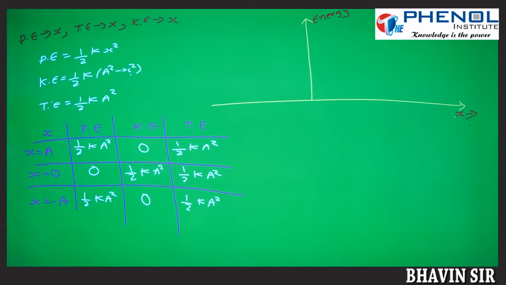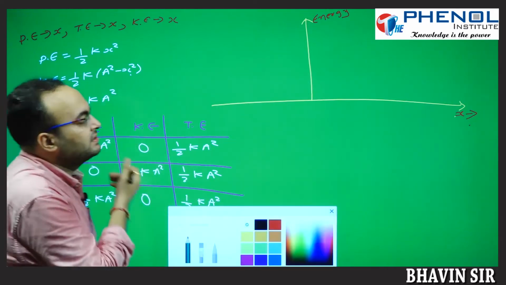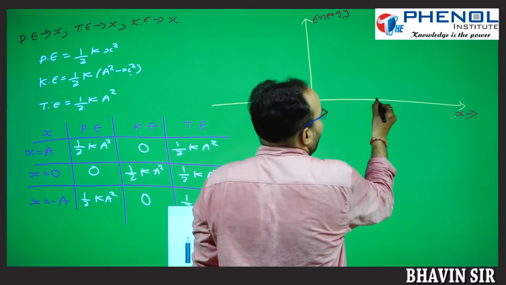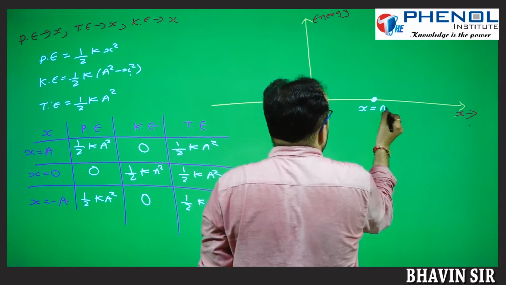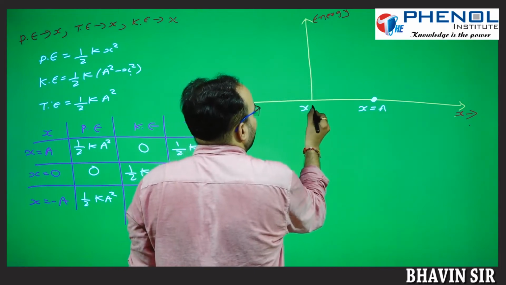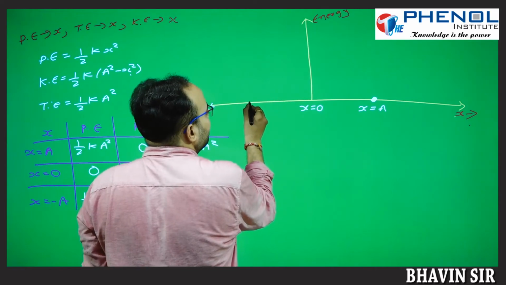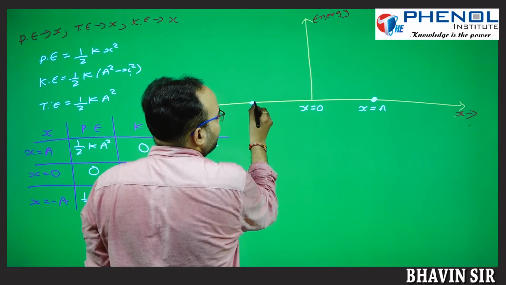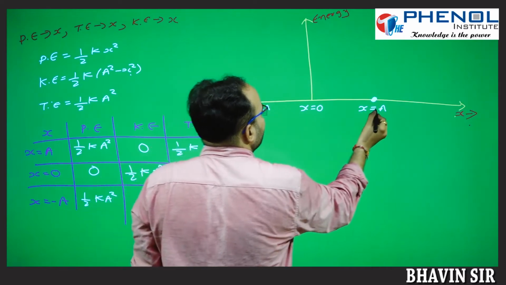Now next, students, we consider three values: x equals a, x equals 0, and x equals minus a.